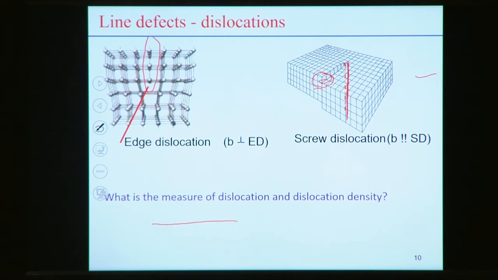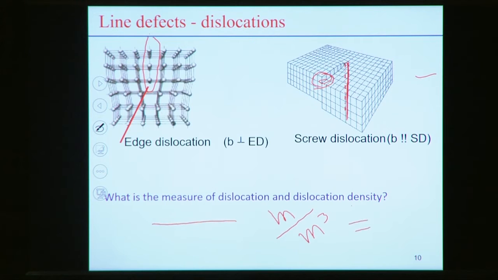If we consider SI units, the length of the dislocation is in meters. The density is the total length of dislocation within the crystal structure: we add up all the dislocations, and that total length is divided by the volume, which in SI units is meter cubed.